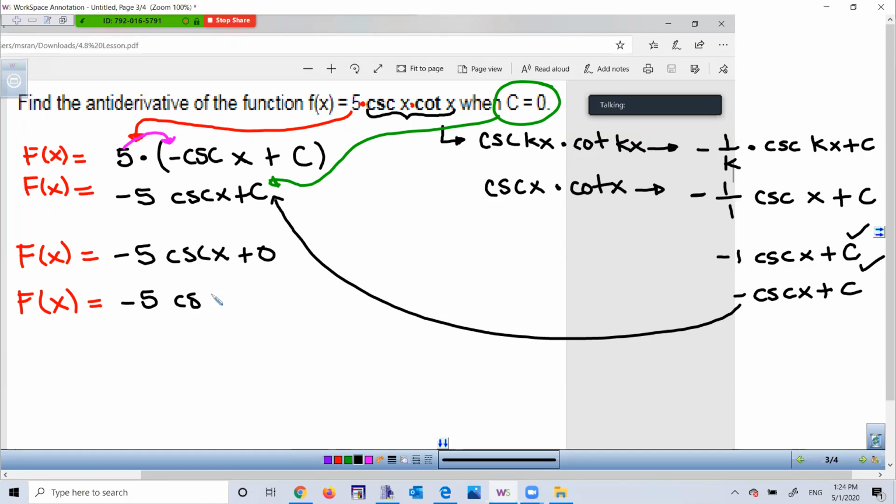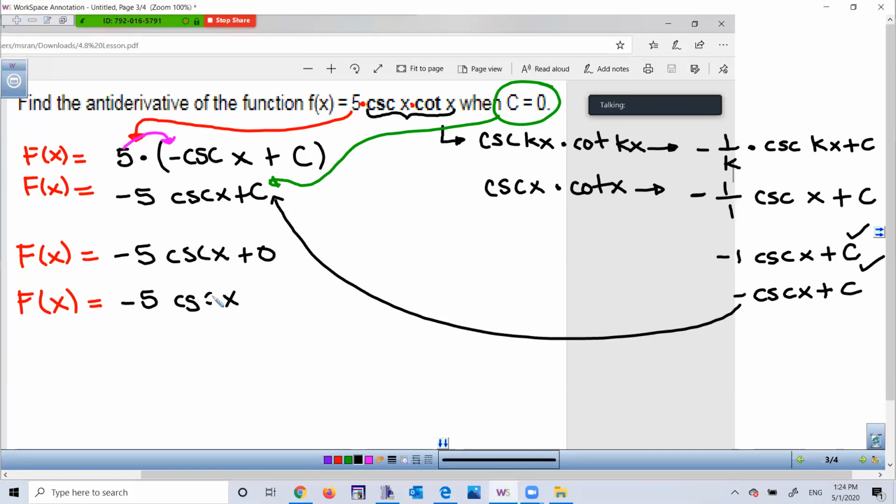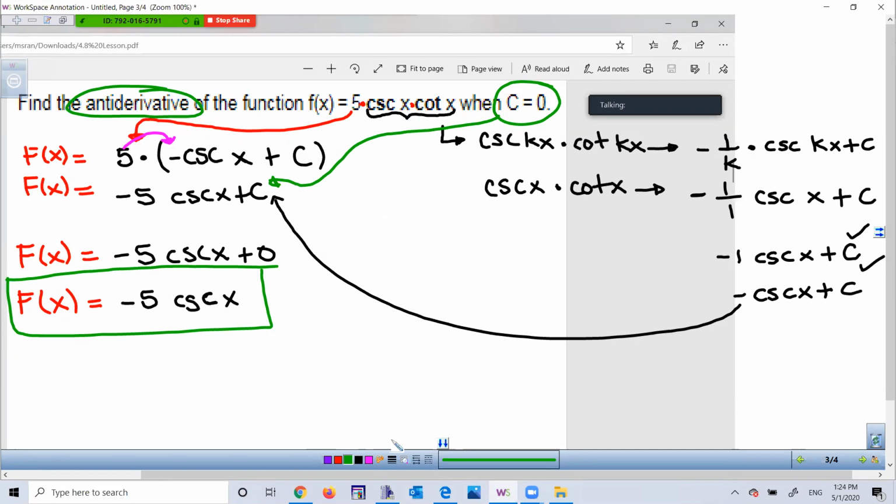You don't need to actually write down the plus 0 part. So just like this. And I hate the way that I'm making the s look like everything except an s, like a 5, like an 8. So this would be the answer. Negative 5 cosecant of x. Okay, that's the antiderivative. That's what you were looking for for this function.